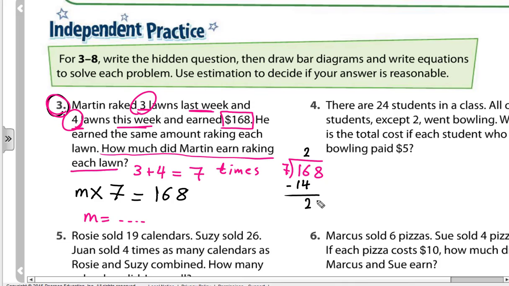Drop the next digit, 8. 28 divided by 7 equals 4. And 4 multiplied by 7 is 28. So subtract, you will get 0. So, what's the M?